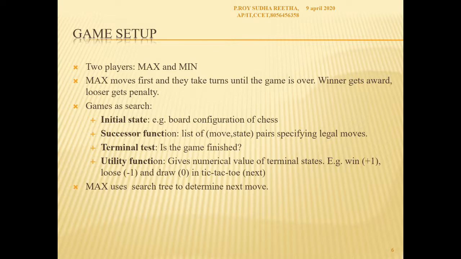And the utility function gives the value at the terminal stage. For example, +1 for the winner, -1 for the loser, and 0 for a draw if the game is neither won nor lost. And here Max uses a search tree to determine the next move.